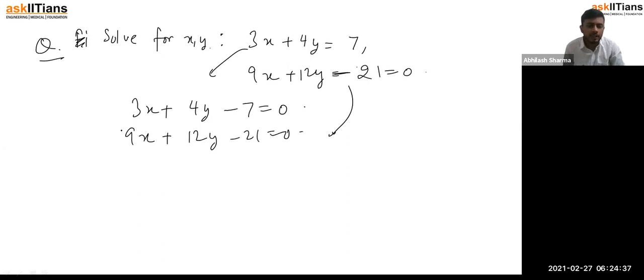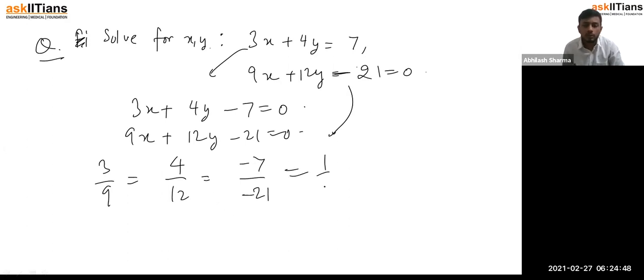Now we observe that a1 by a2 equal to b1 by b2 equal to c1 by c2 is holding true, because all of them are equal to 1 by 3 only, correct? So if a1 by a2 equal to b1 by b2 equal to c1 by c2, then we can say there will be infinitely many solutions.